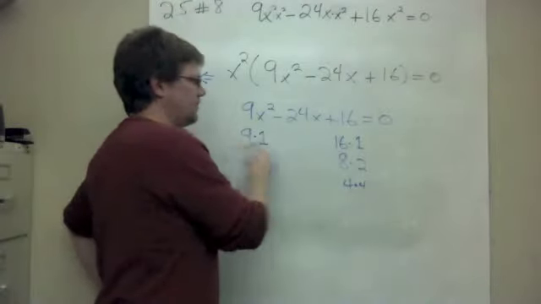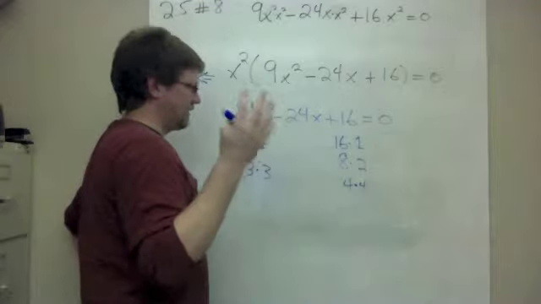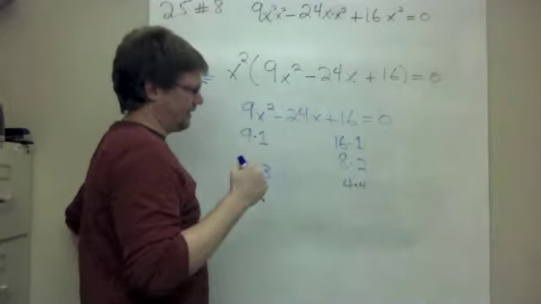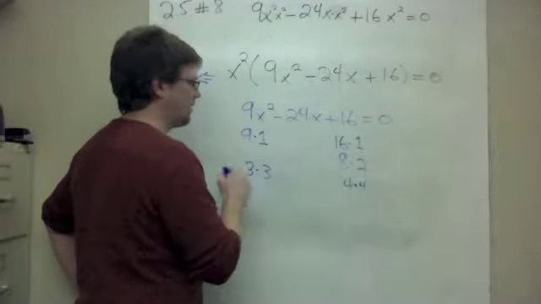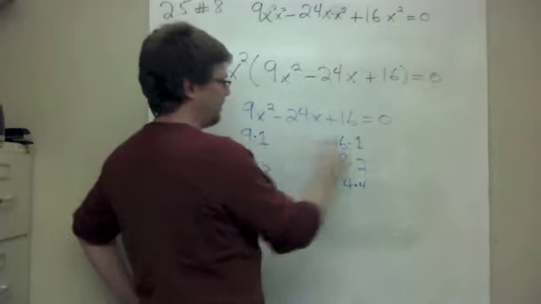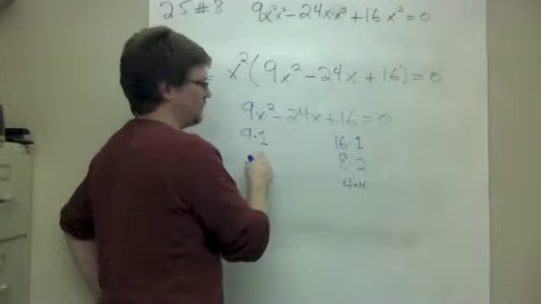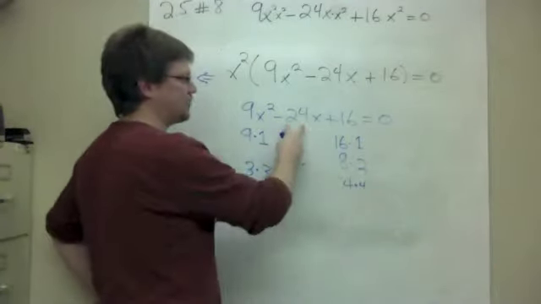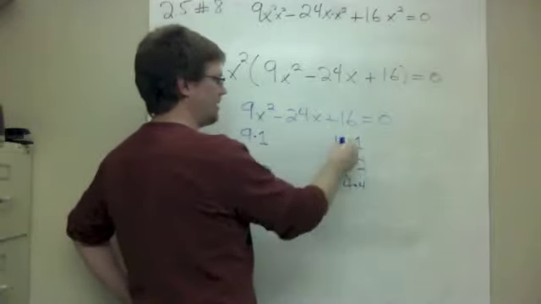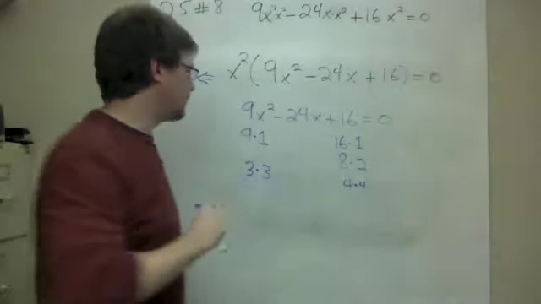So if I do 9 and 16, that's 100, and that's a lot already. So the 9 and the 16, those aren't going to work. 9 and 1 is 9, 16 and 1 is 16, 16 plus 9 is 25, which is not 24. Okay, so this combination of this one and this one isn't going to work.